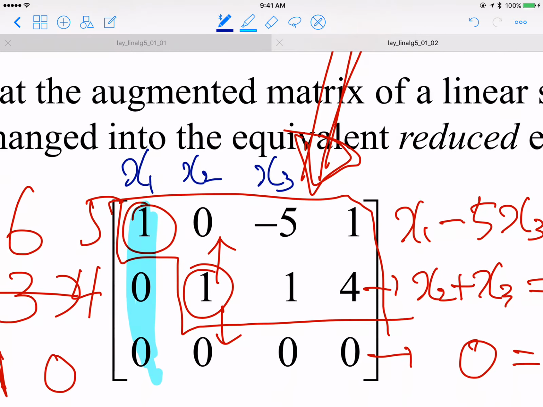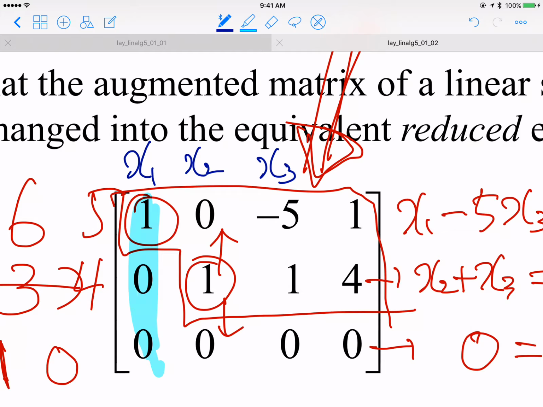But what about the last one? This corresponds to the constant, right? In x1 plus 2x2 equals 3, this 3 will be put in the last column, something like b, a constant that we extracted from each of these equations.